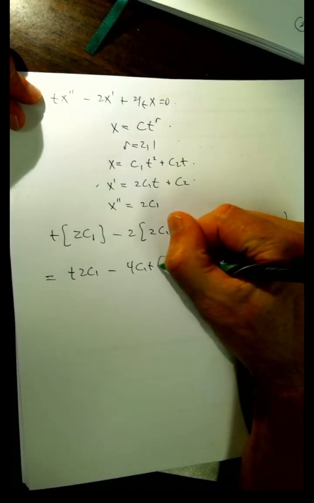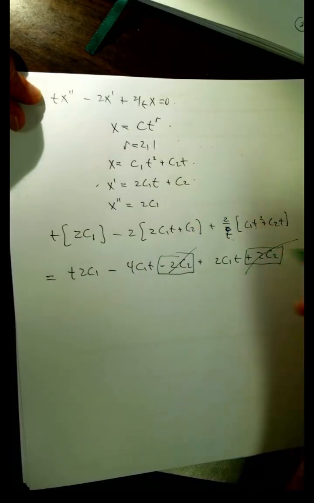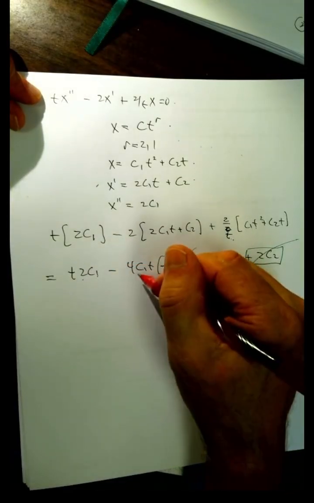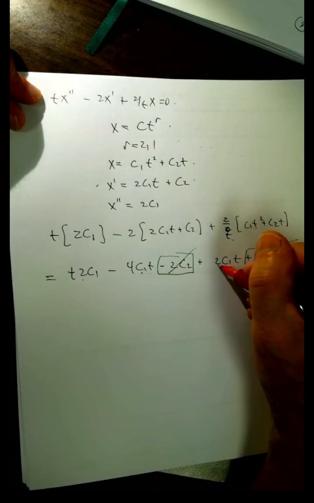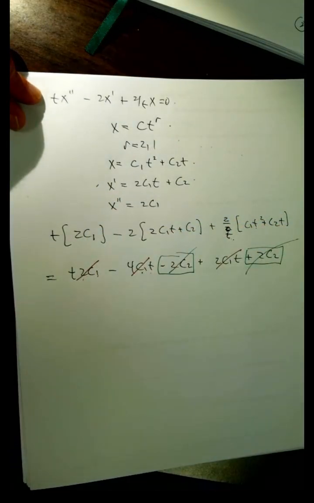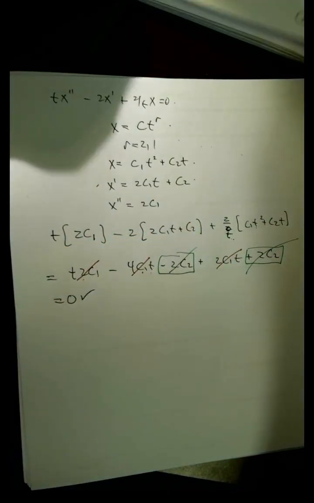Let's see, notice here I've got a minus 2c2 plus 2c2, so those terms cancel. Here I've got a 2c1 t minus 4c1 t. That's minus 2c1 t plus 2c1 t. So those terms cancel, and I'm left with 0, so that's a solution to my differential equation.